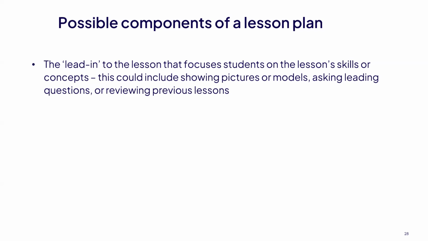And therefore, sometimes it's quite useful to go through reviewing previous lessons when you know for certain that some of the skills and concepts and understandings that you taught them a month ago are going to be needed in order to be able to access what you're teaching on this particular lesson.